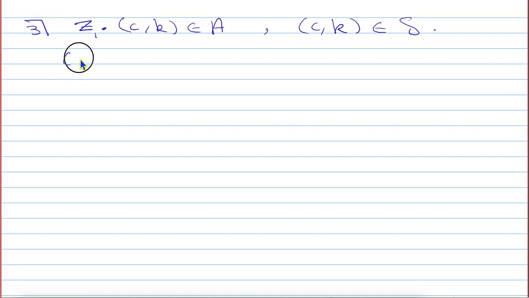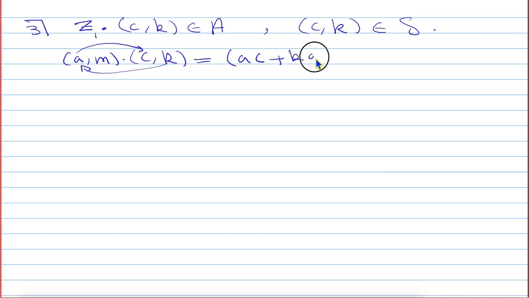We have Z1 of course equal (A, M), then we have here (C, K), and by the multiplication formula this equals (AC, plus KA and plus MC, and here we have KM). Okay, so this is 1.